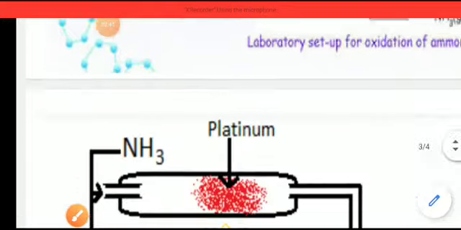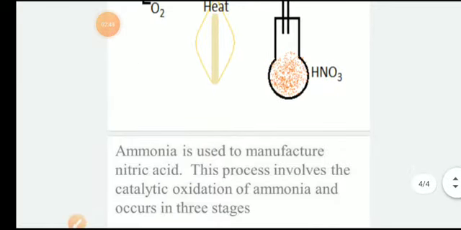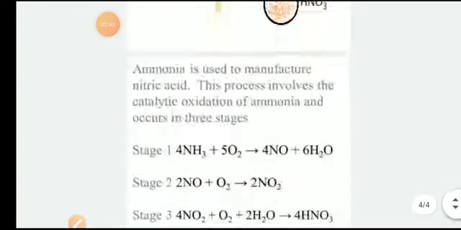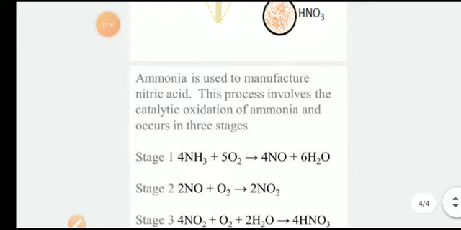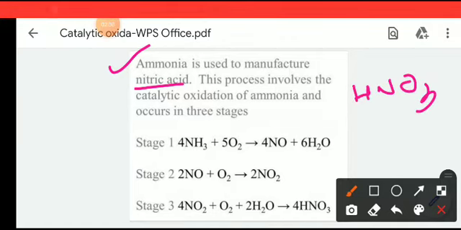Okay, so let's move to the next topic, that is catalytic conversion of ammonia. Before that we would have to see this picture. Ammonia is used to manufacture nitric acid, that is HNO3.